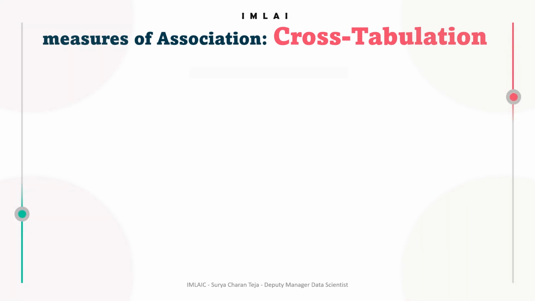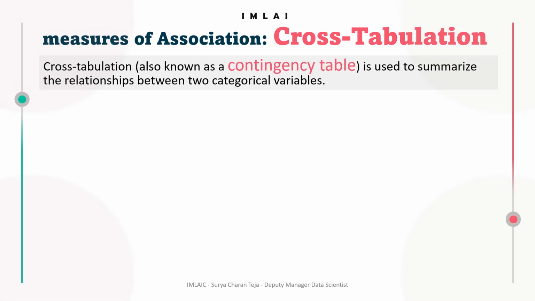Cross tabulation is also known as a contingency table. Cross tabulation is used to summarize the relationships between two categorical variables. Till now, we have tried to explore the association or relation between two continuous variables or numeric variables.